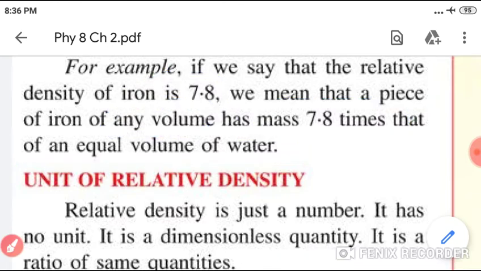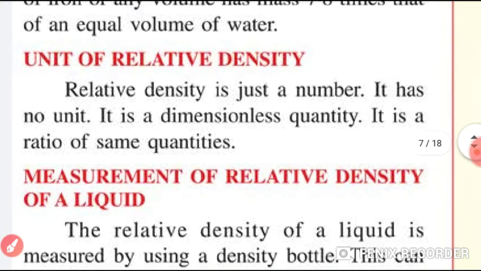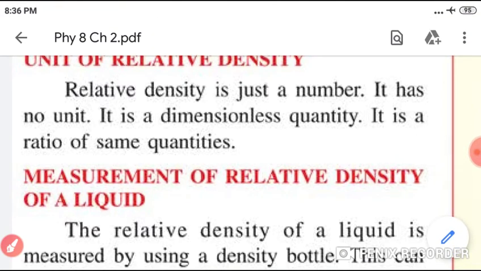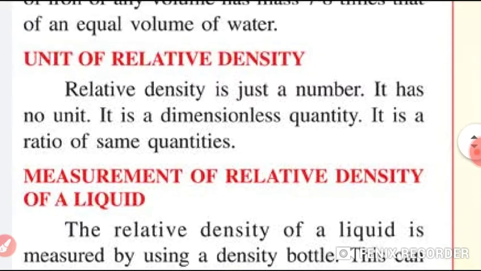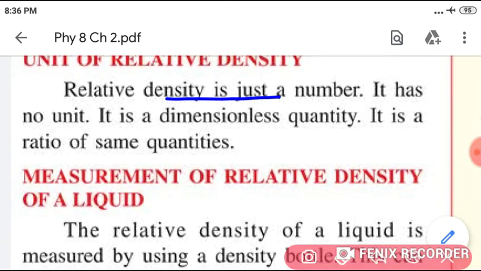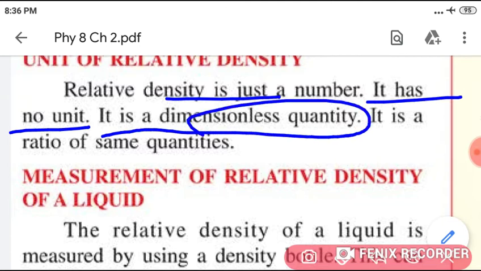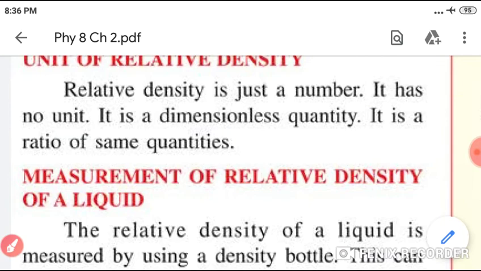So what is the unit of relative density? Students, relative density is just a number. It has no unit. It is a dimensionless quantity. It is a ratio of the same quantities. That is why it does not have any unit. It is just a number.